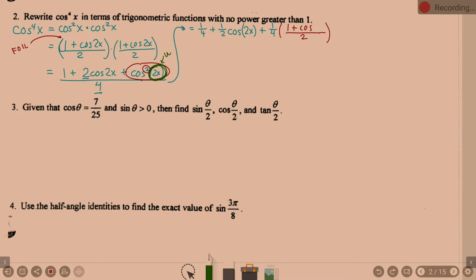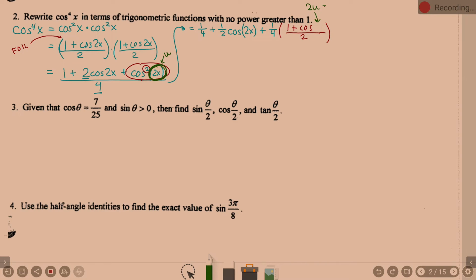Because here, when I go in to put this, what's it supposed to be? It's supposed to be cosine of 2u, right? But what is our u in this case? 2x. So if right here is supposed to be 2u, that means 2u is going to be 2 times 2x.